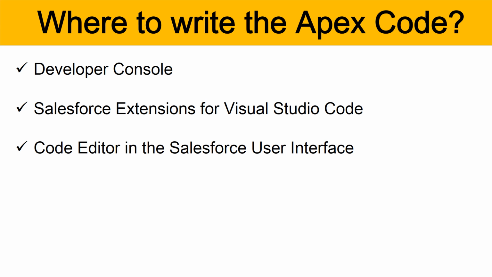Salesforce extensions for Visual Studio Code. The Salesforce extension pack for Visual Studio Code includes tools for developing on the Salesforce platform in the lightweight, extensible VS Code editor. These tools provide features for working with development orgs, Scratch orgs, sandboxes, and the orgs, Apex, Aura components, and Visualforce.